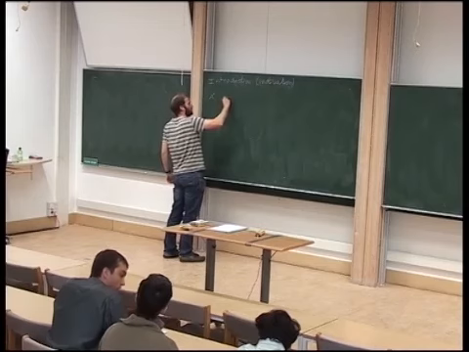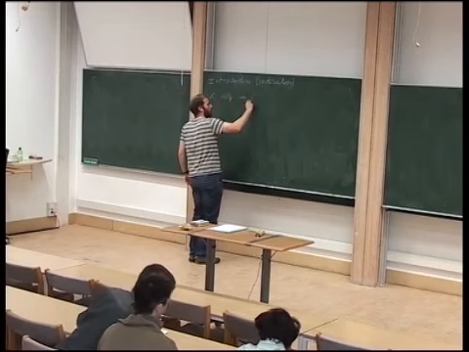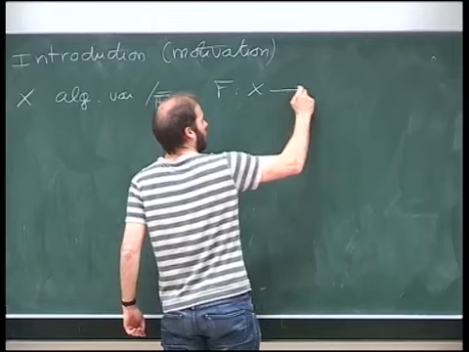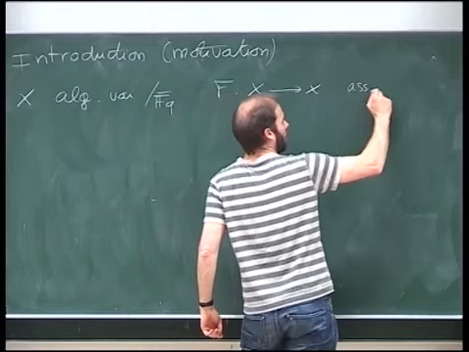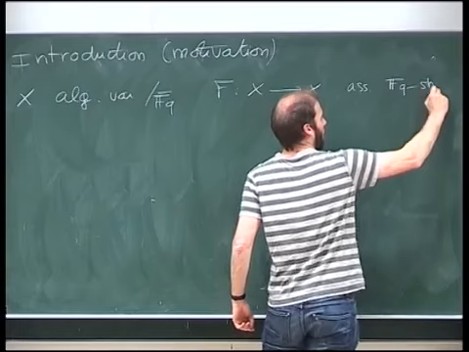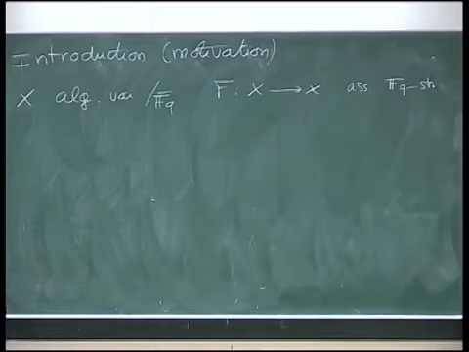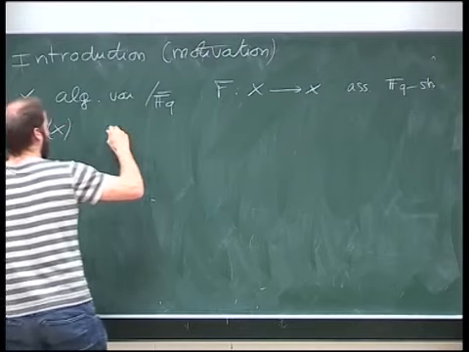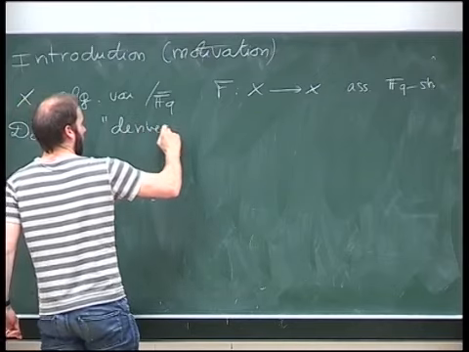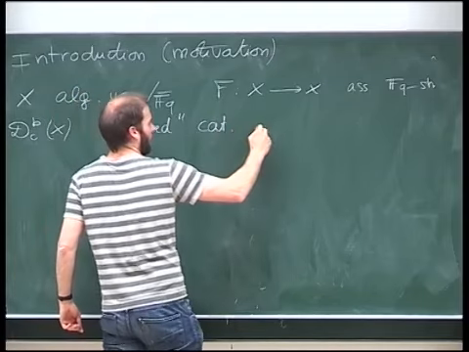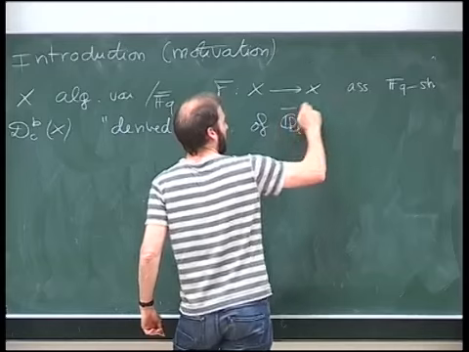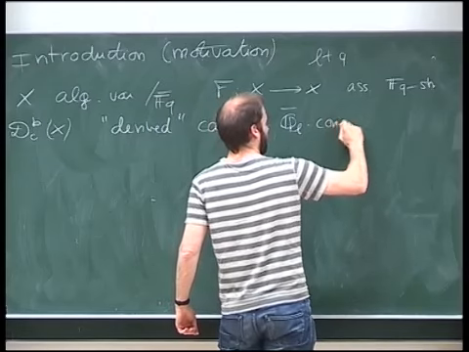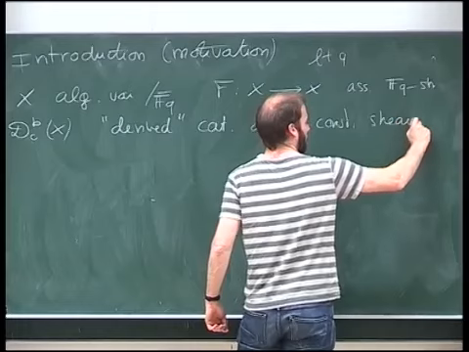So if X is an algebraic variety over an algebraic closure of a finite field, and F is a Frobenius endomorphism associated to some F_q structure, then we have the derived category of Q_l bar constructible sheaves on X, where l doesn't divide q.